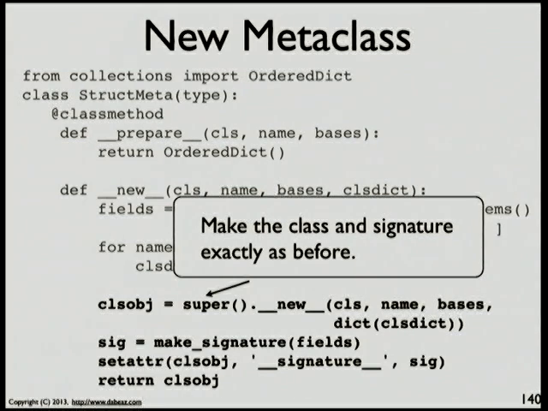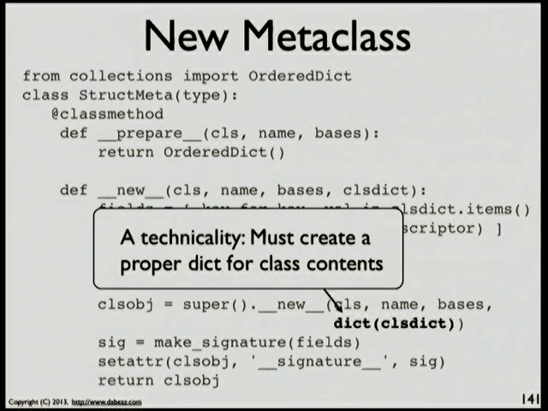Now there is one minor technicality. If you're going to do this class stuff, it turns out that when you actually go to create the real live working class, you cannot pass in an ordered dictionary or any custom dictionary at all. I think it actually has to be a full, proper Python dictionary. If you do any of this custom dictionary stuff, you're free to use that all the way up to the point where the class gets created.